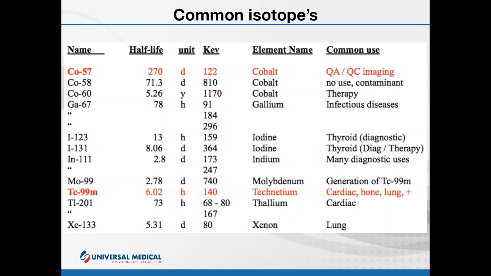The most common isotope that you will experience in a nuclear medicine department is technetium-99. It's used for many, many kinds of scans: cardiac scans, bone scans, renal scans, lung scans, etc. It has a keV of 140 keV, and that is a number that's going to be glued into your head. It has a half-life of about 6 hours. Now, we typically say 6 hours.